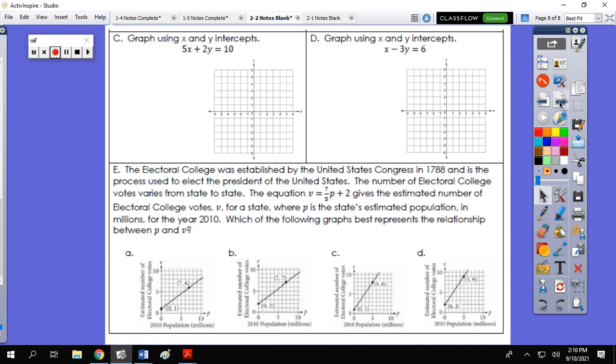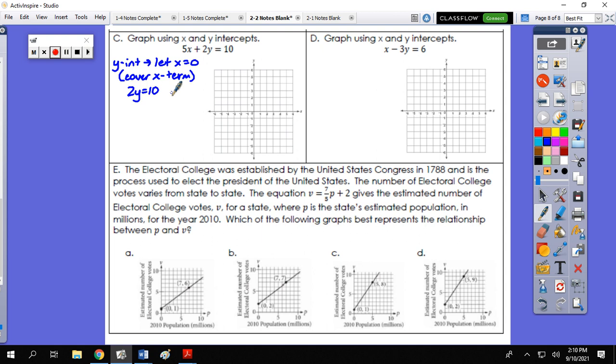Now the other form we can graph out of is the standard form, in which case we use what is called the cover-up method, or intercept method. To find the y-intercept, we let x equal 0, which means we cover the x term. When we do that, we're left with 2y equals 10.